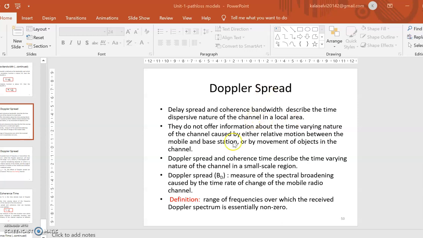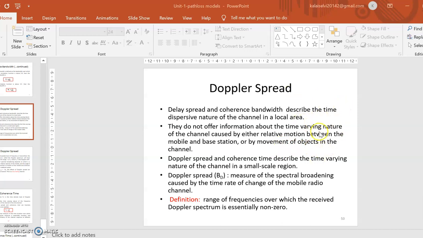They say about the change in time felt by each and every signal. They don't say about the motion of the mobile with respect to the base station, or the movement of the base station with respect to the receiver, or the movement of objects present in the channel.